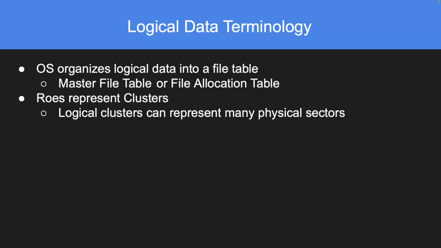This could be if the data is stored across one cluster, with multiple parts of data striped across the disk. This can be in multiple places on the disk as well, which is why multiple physical sectors are here.